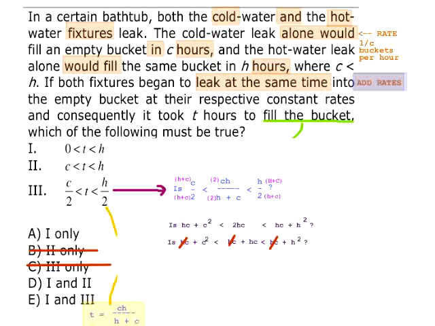And then if you compare these guys, that's true. C times C is less than H times C, which is less than H times H, because H is bigger than C. So 3 is yes. And it looks like we're done because it's E. It's the only choice left that has I in it.